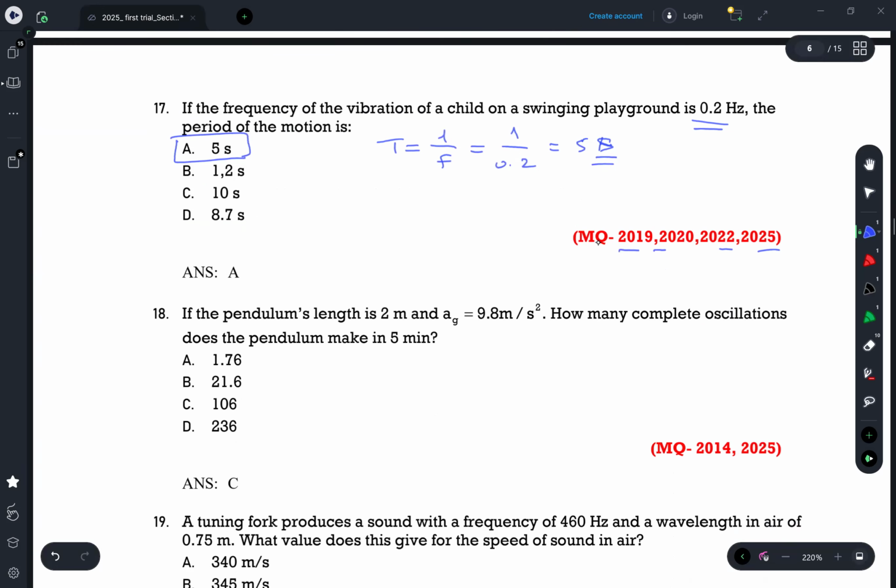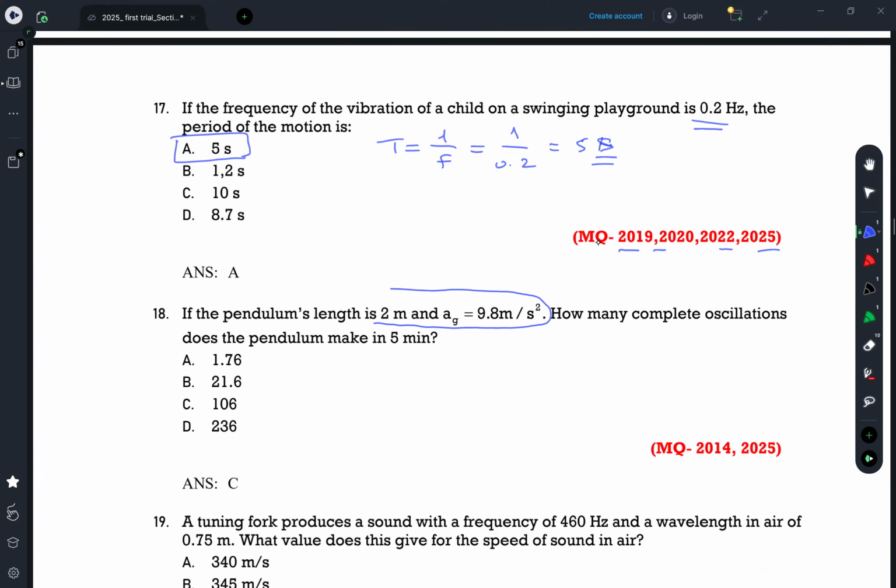Next question. If the pendulum's length is 2 meters and the g at this location is 9.8 meters per second squared, how many complete oscillations does the pendulum make in 5 minutes? First, you should calculate the period of the pendulum from the first sentence. Period is equal to 2 pi root of L divided by g.